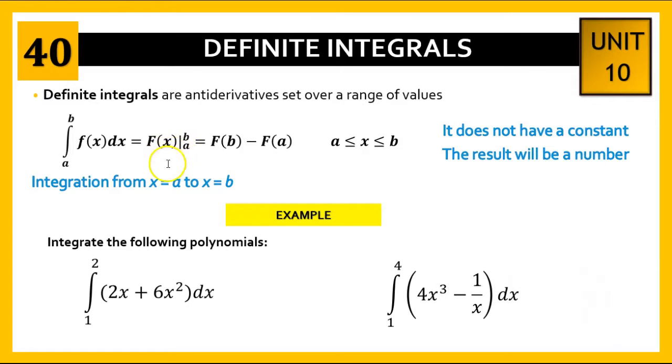And second, once we obtain the integration, we replace the values of x with first the upper bound, which is x equals b, and we will subtract it by the value of the function at x equals a.